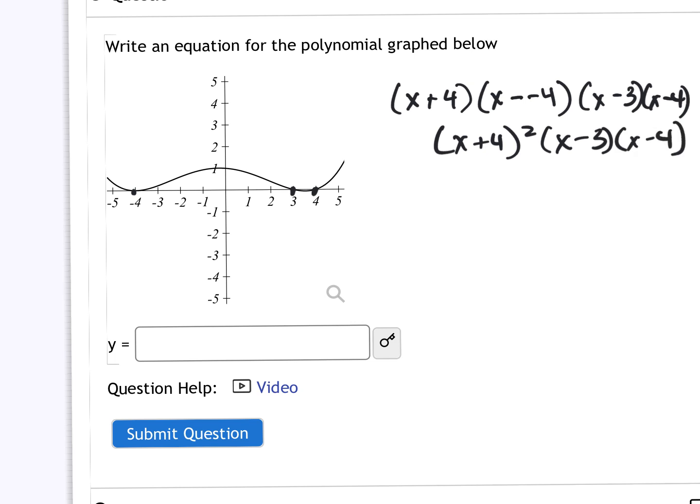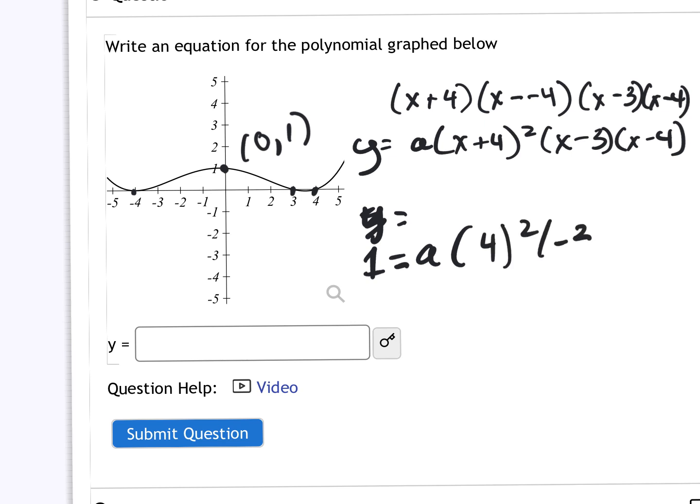And now we want to find out what our a is. I just need to figure out what my a variable is, so I'm going to plug 0 in. So 1 equals a times 4 squared times negative 3 times negative 4.